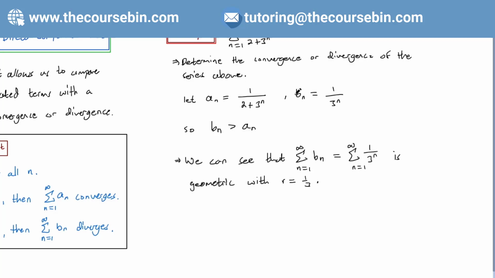Let's create a new series that's bigger than this series. It looks similar, but all we did was remove the 2, so now we have 1 over 3 to the power of n. So we know for certain that b sub n is bigger than a sub n for all n, since its denominator is smaller.